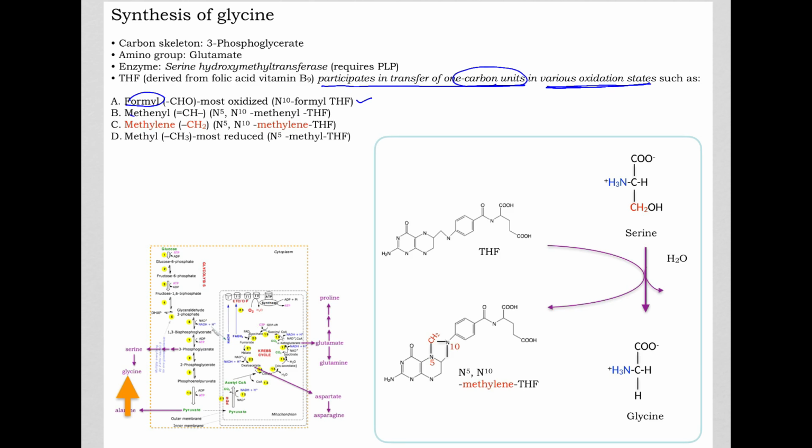It could be in the methenyl state. It could be in the methylene state, or it could be in the most reduced state, which would be the methyl state. So any one carbon units that are in these states could be removed by THF from the substrate.